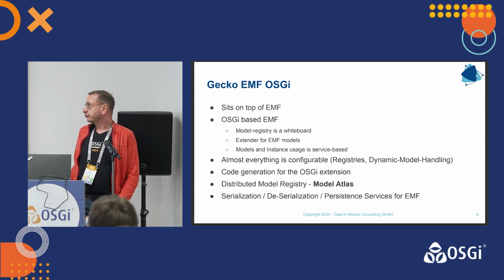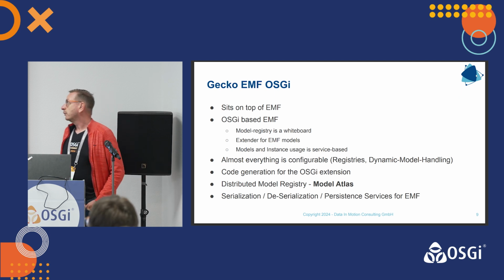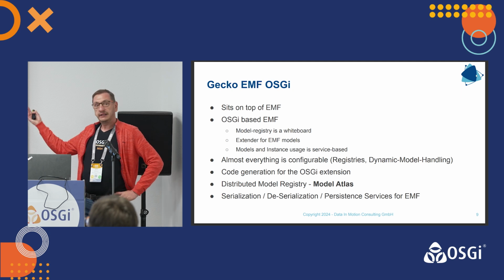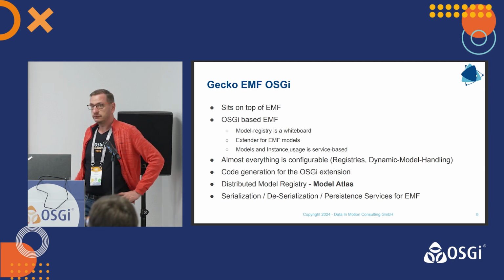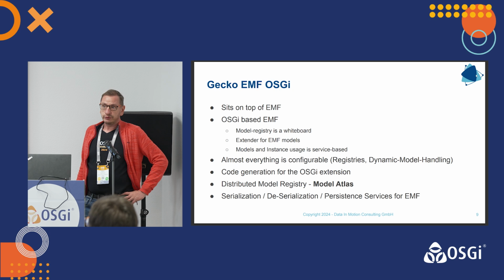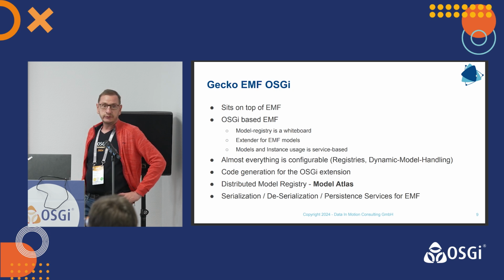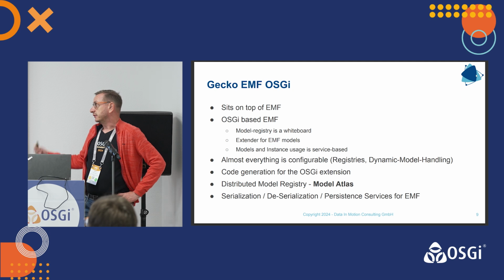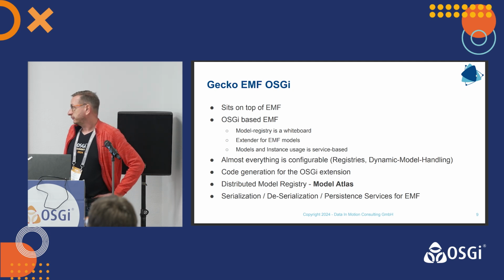Our Gecko EMF OSGi sits on top of an ordinary EMF. We have a model registry that already exists in EMF. We have it as a whiteboard. If you want to register a model, then you just register services. In that case, these are model packages.